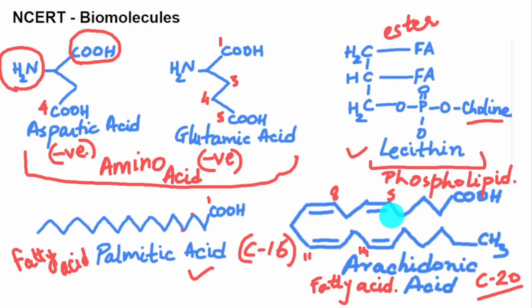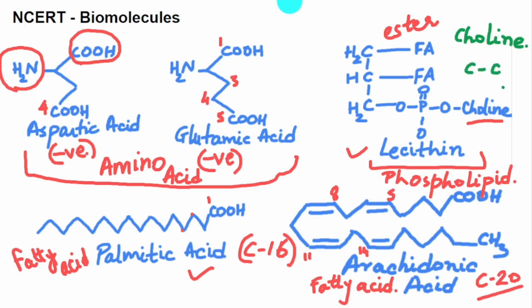And choline, choline is basically N,N,N-trimethyl ethanolamine. So choline structure will be something like this. I will draw in this corner. This is choline. So it is ethanolamine.